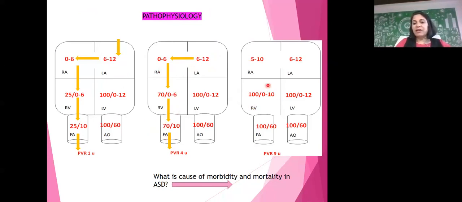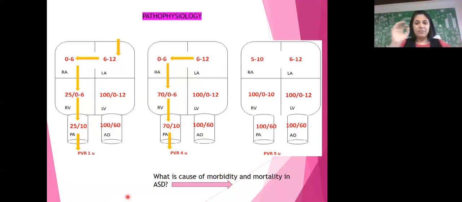Then when they are in their third and fourth decade, look at the lung pressure here, 100. LV pressure 100. So it becomes a systemic pressure. The shunt starts going more and more right to left. They start becoming blue. Because the atria are a low pressure system, this process of normal lung pressure to high lung pressure takes many years.